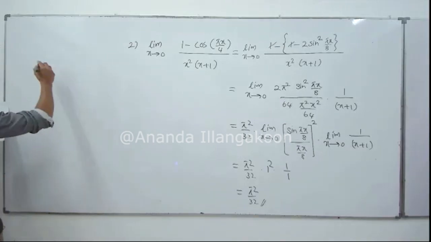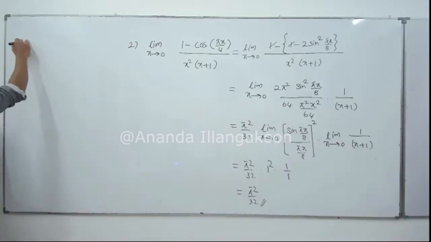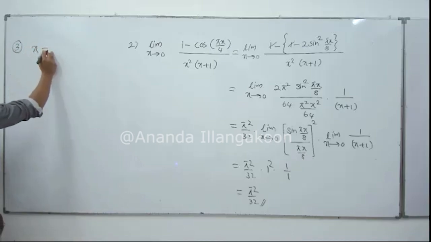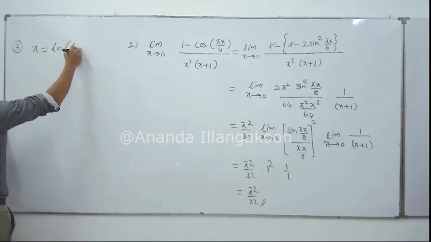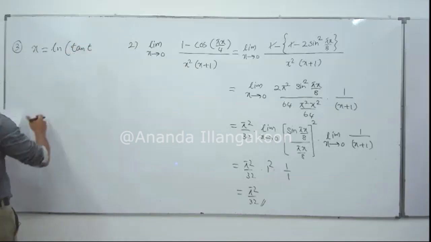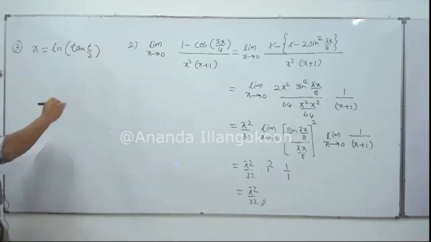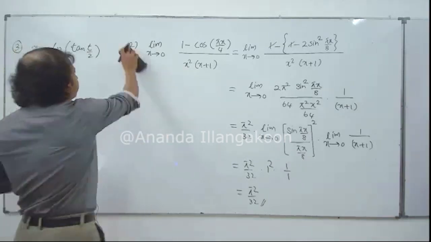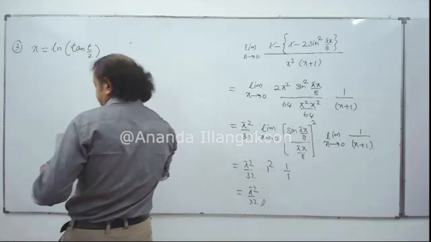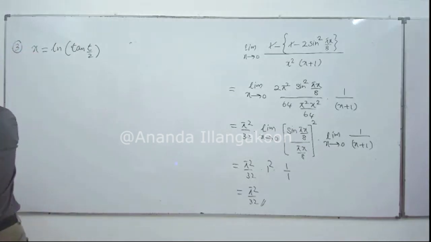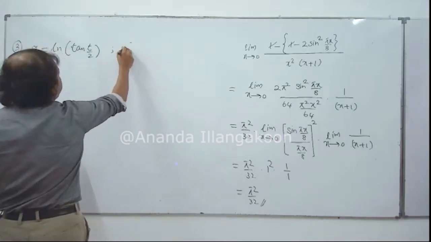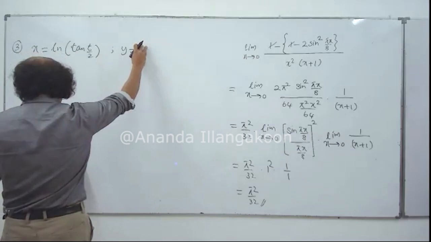Number 3: x equals ln tan t by 2, and y is given as sin t.